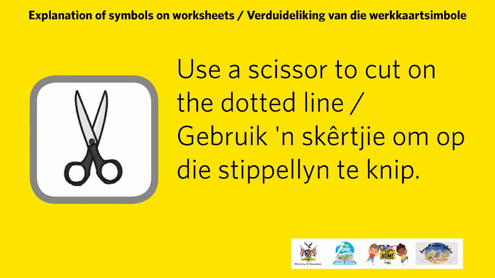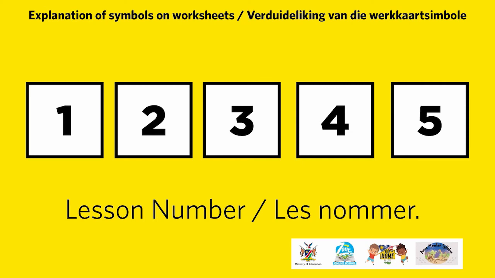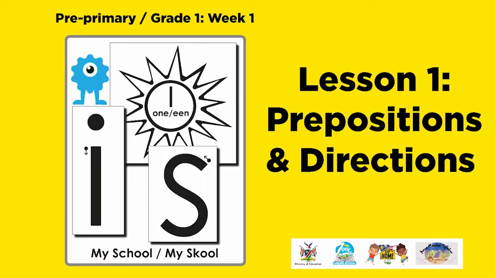Use a scissors to cut on the dotted line. Look at the picture. Use these symbols for the lesson of the day, which will be allocated at the top right side of each page. For example, Lesson 1, Prepositions and Directions.